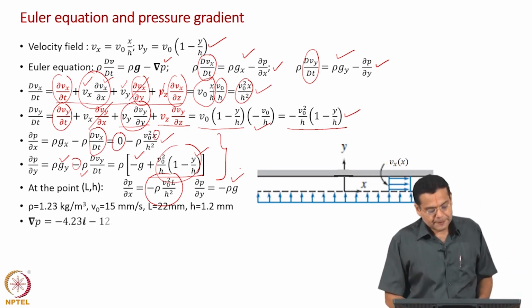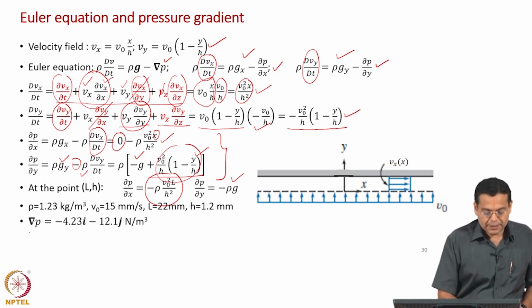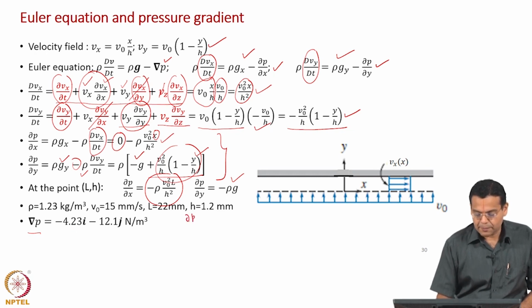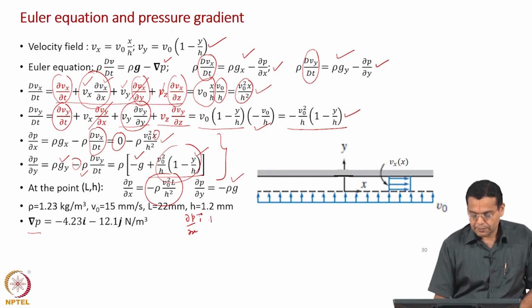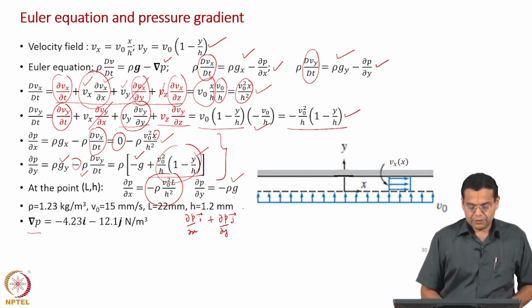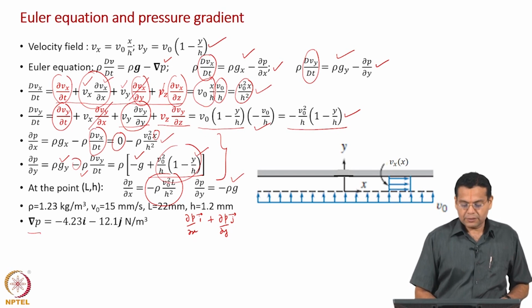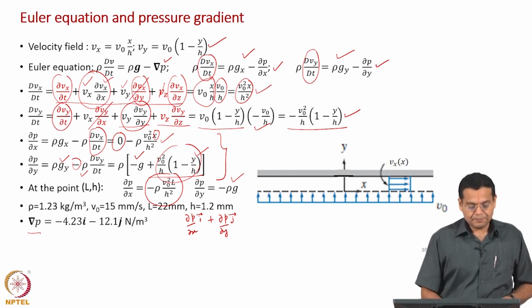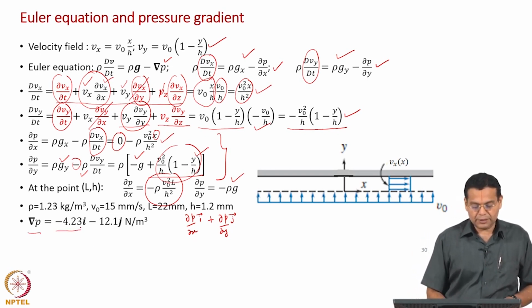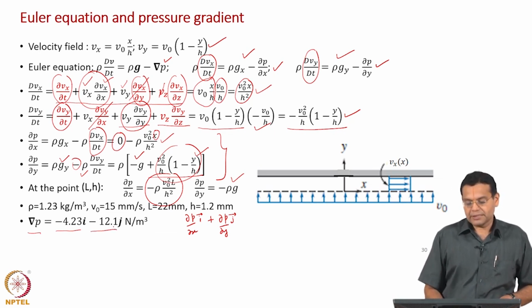If you do that, you get the pressure gradient, and this term is the pressure gradient, dou p by dou x I vector plus dou p by dou y j vector, and dou p by dou x is negative, dou p by dou y is also negative. So, you get minus 4.23 I vector minus 12.1 j vector.